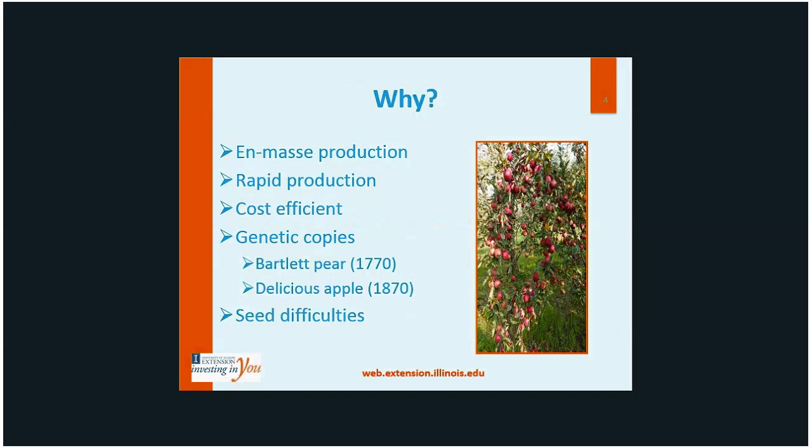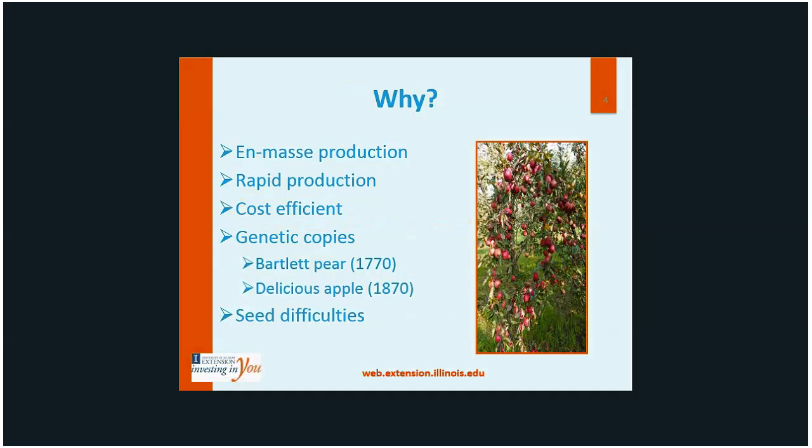Why? Well, not only can we not achieve that uniformity that we want, but at the same time it's going to take that much longer. You're going to have to wait for that plant to flower. You're going to have to wait for that plant to be pollinated, to set seed, for that seed to be harvested. Then you're going to have to germinate that seed and start a whole new crop.